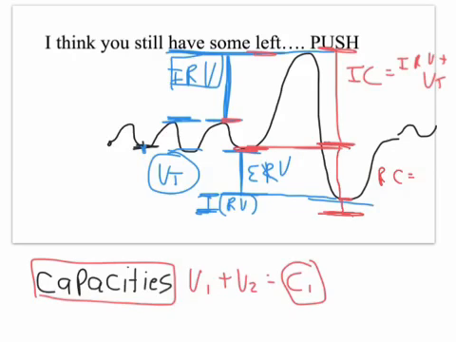The residual capacity is equal to the expiratory reserve volume plus the residual lung volume, or residual volume. So this is a capacity, and it is the sum of two specific volumes. Now, of these two, in the physiology textbooks, the functional residual capacity is the more important one to be familiar with, but you'll still want to be familiar with the inspiratory capacity.